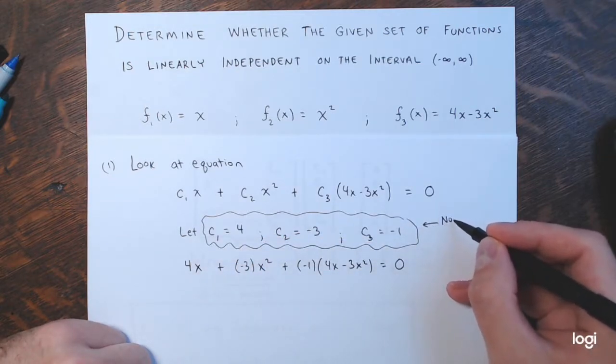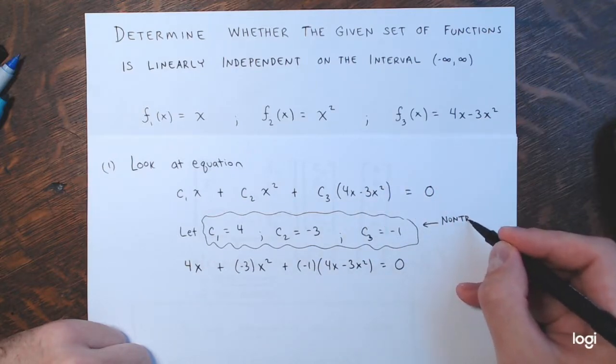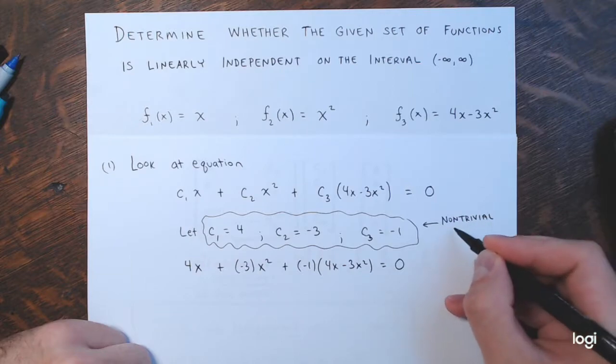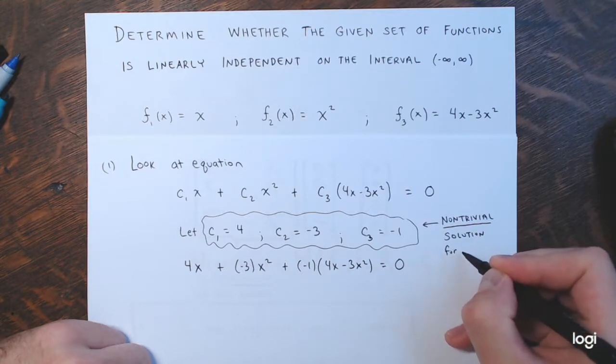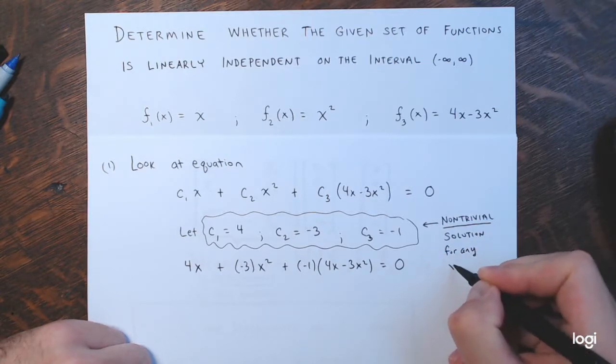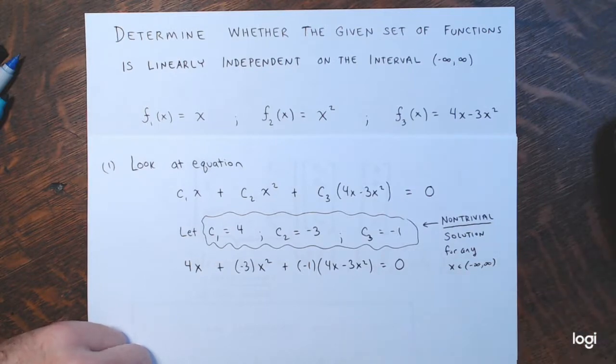And this is for any x. This is a non-trivial solution to this equation, and this would be the case for any value on the real number line, for any value in that interval.